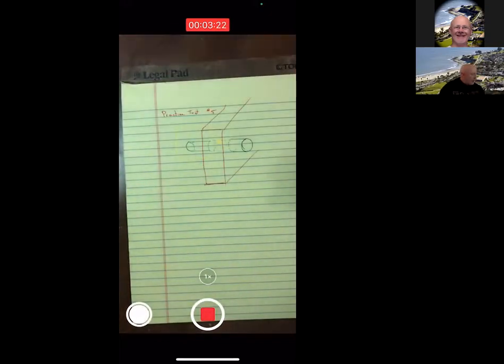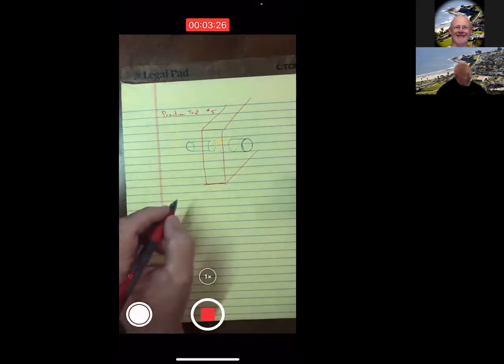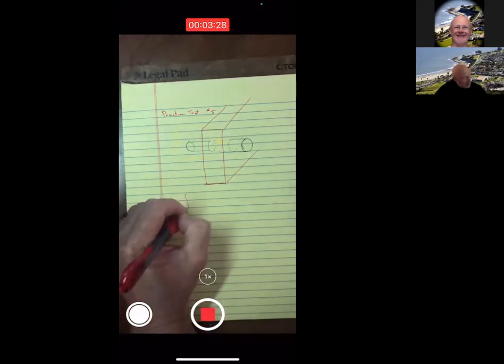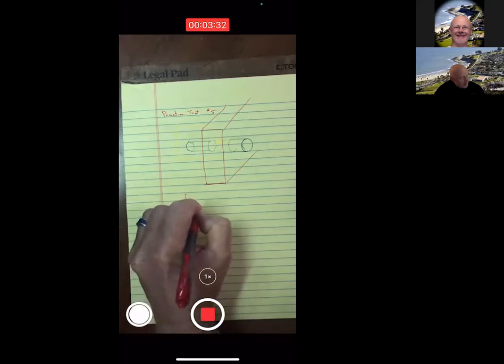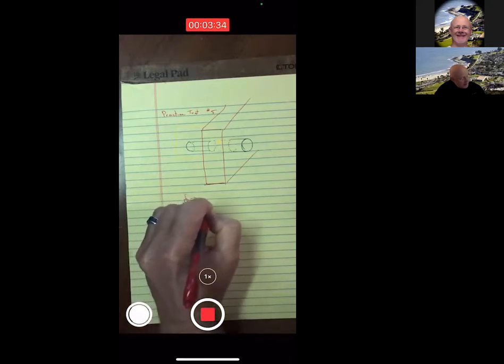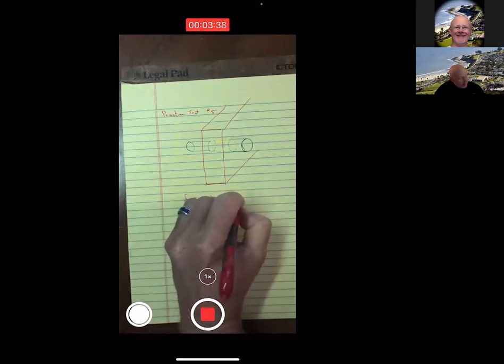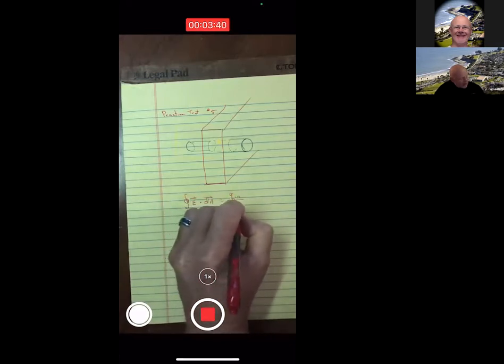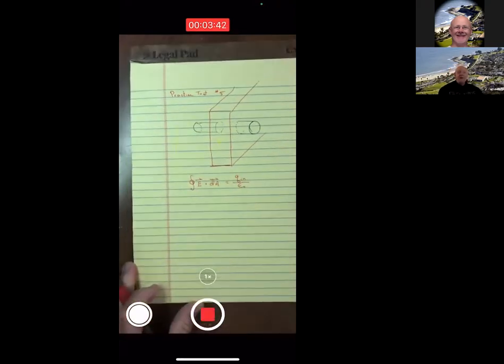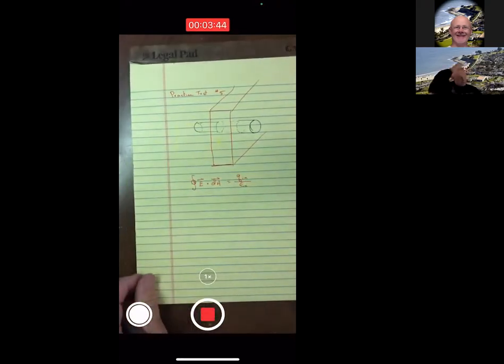And so when we start this problem and say, all right, let's apply Gauss's law. Gauss's law says if you pick any Gaussian surface and you take the electric field and you dot it into the area, that'll equal the charge that's inside the Gaussian surface divided by the permittivity of free space.